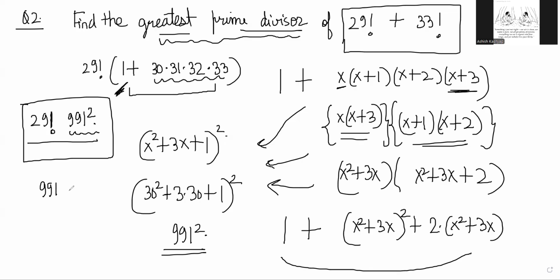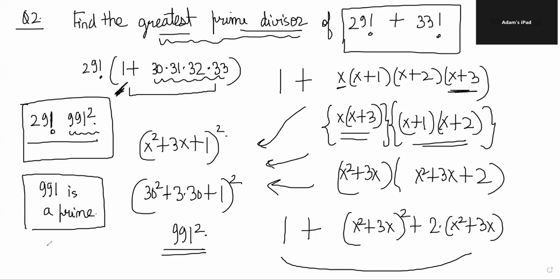991 is a prime actually. Till where do you have to check? Till which prime do you have to check divisibility? Square root of this, you should know till where you have to check. I think 32, 33 only you have to check, no? Any prime up to 32, 33. So all the primes up to that you have to check whether they are dividing it perfectly or not, right?